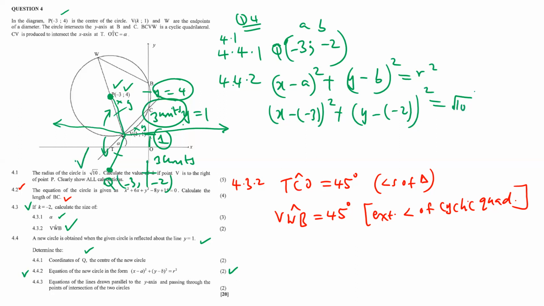So this is going to be the square root of 10, and then you square it. So this is (x plus 3) squared plus (y plus 2) squared equals 10. That is the equation of the new circle in this form.